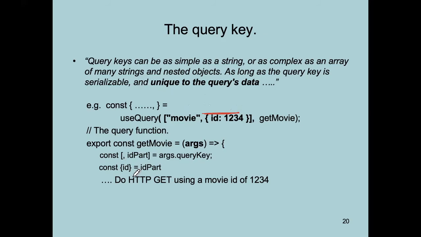And then I do my HTTP GET request to TMDB using 1234 as my movie ID. So all I'm getting across here is how you access this from within the function, the query function as it's called. And you'll see that being used in this week's lab.